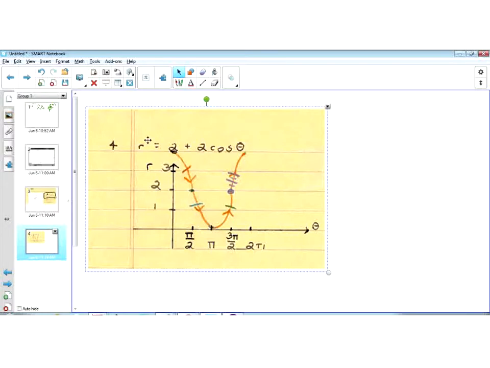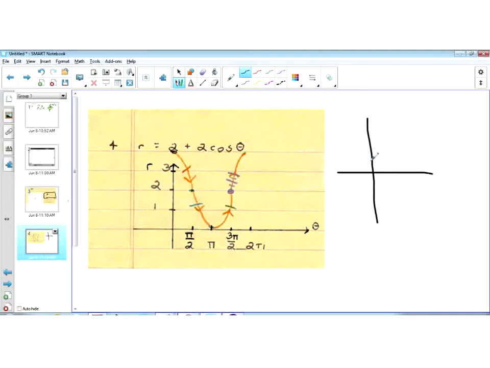Identify, in other words, sketch the graph of the function from 0 to 2 pi as if you were in the xy plane. So here we've sketched the graph r equals 2 plus 2 cosine theta as if we were in the xy plane. You would know that the period would be 2 pi, and it's basically the cosine graph. So quickly, the fundamentals: you know the cosine graph looks like this between 0 and 2 pi.